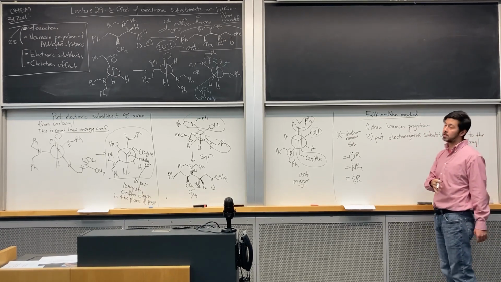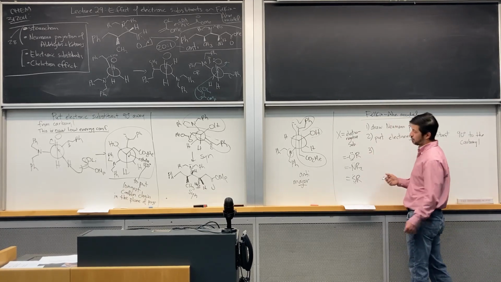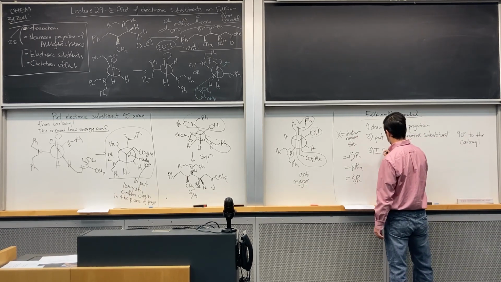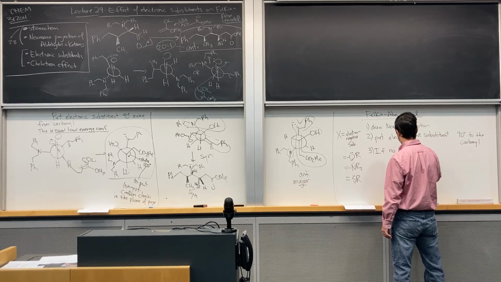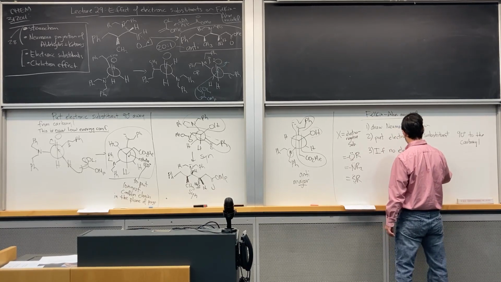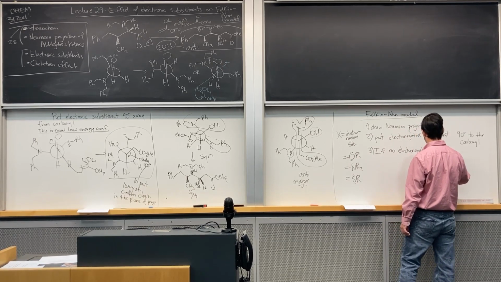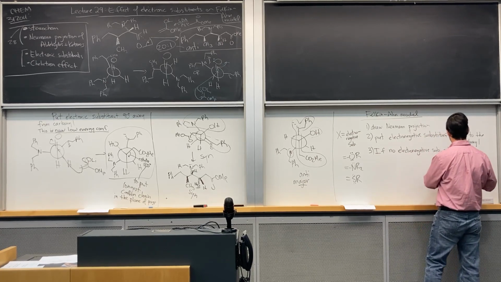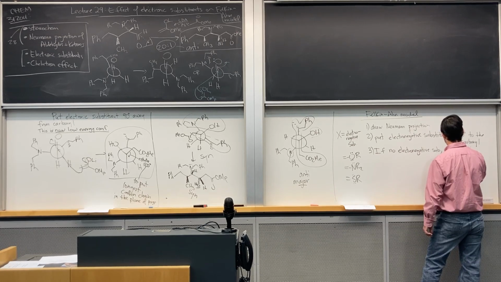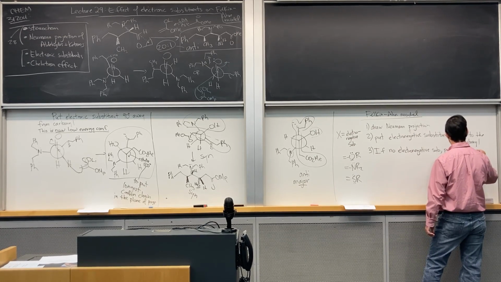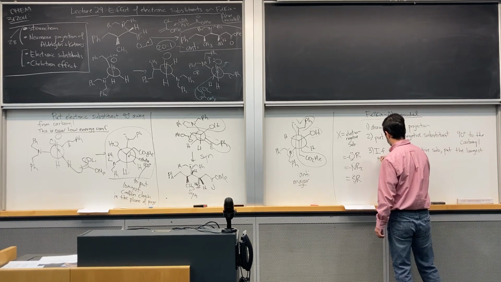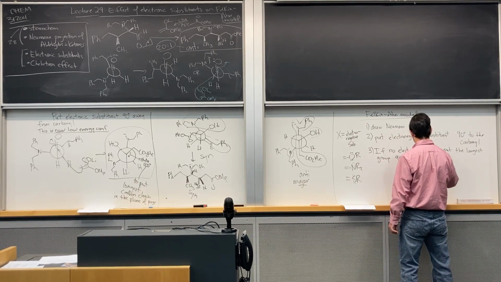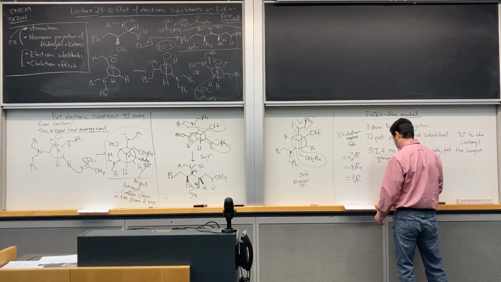Okay? If you don't have an electronegative substituent, then you default to what we learned last time, which was putting the largest group 90 degrees to the carbonyl.